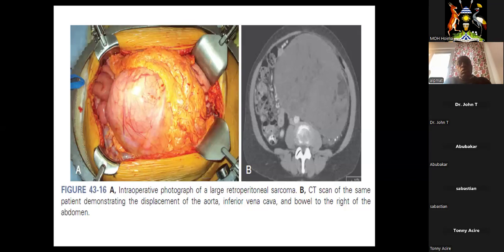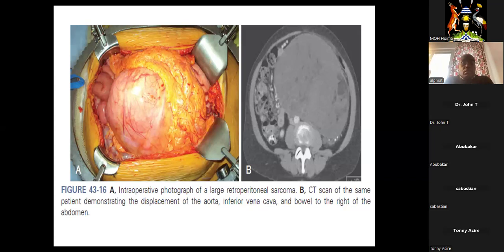So the presenter took us through the different conditions which can affect the retroperitoneal regions, and he began with infections, talking about the psoas abscesses, which are relatively common, I would say. But the incidence of these has gone down a bit.